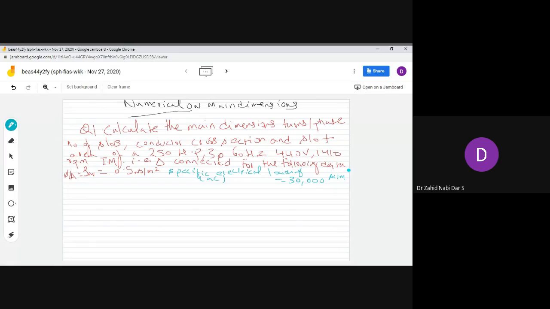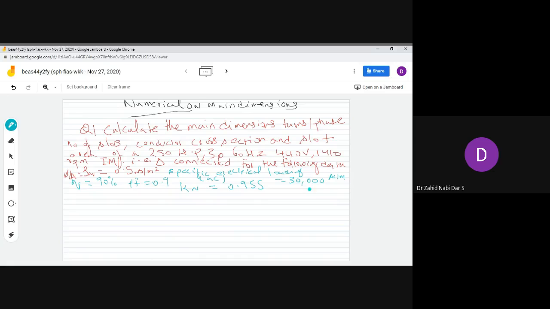The efficiency of the machine is equal to 90%, and the power factor of the machine is equal to 0.9. Winding factor kW is equal to 0.95. This you remember, if it is not given, you take it 0.955 or 0.95.